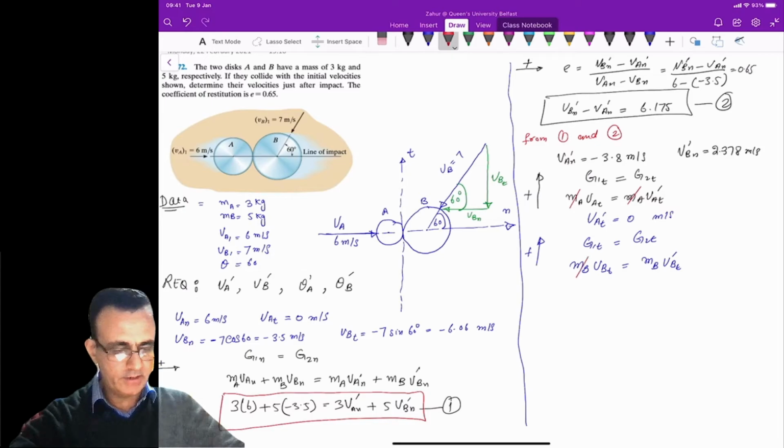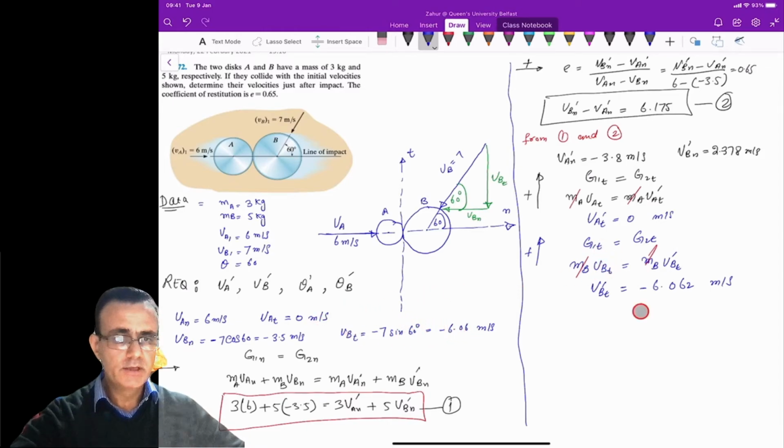Again, we can cancel mB with mB, and VBt' will be equal to minus 6.062 meters per second, which is this value here. So we managed to calculate all the components of the velocities.